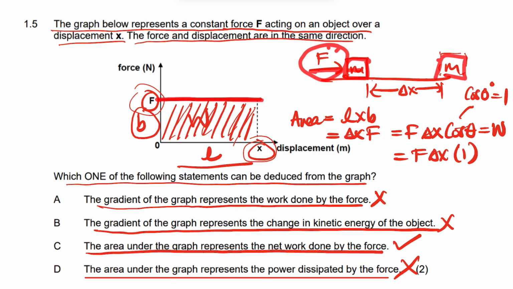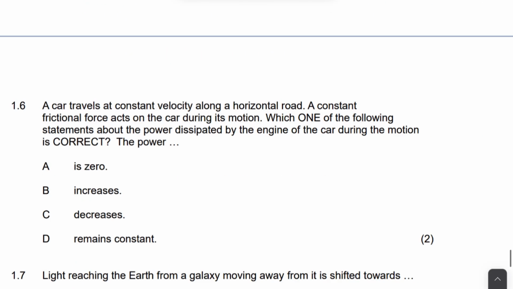The object is displaced, so there's an increase in displacement, and the force and displacement go in the same direction. That's why cos theta is 0, which gives 1. So the answer there is C.